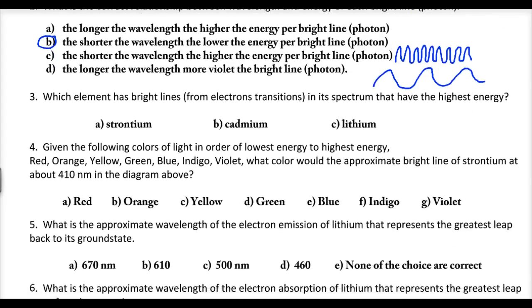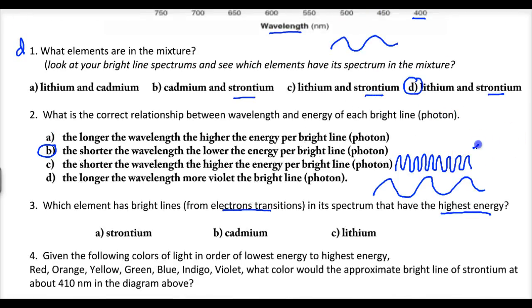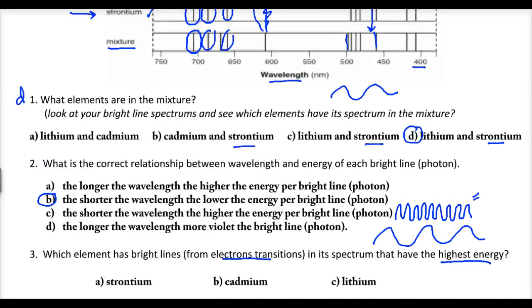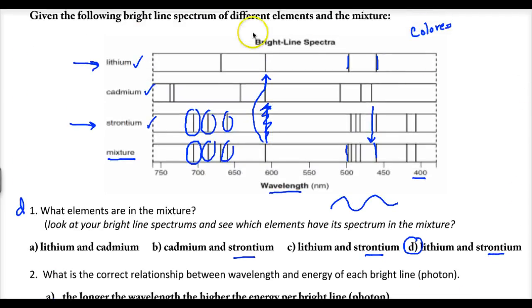Which bright lines in its spectrum have the highest energy? Which element has bright lines from electron transitions that we just learned about that have the highest energy? Well, high energy means short wavelengths. So if I look at my chart here, the sizes of the wavelengths are given below.